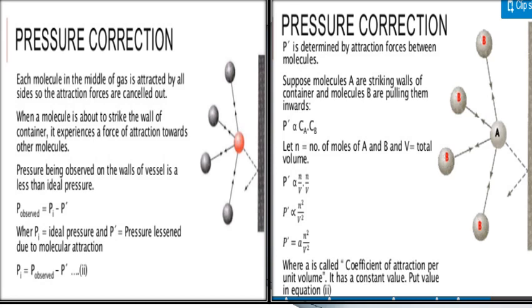Now what happens here, the particles which are present in the vicinity, they are closer to that of the molecules which are going to hit to the wall of the container. तो क्या होगा, attractive forces develop होंगी जिसकी वजह से the molecule which is in the position to hit to the wall of the container, that is attracted from the back side from the particles which are present in the interior of the container, right?